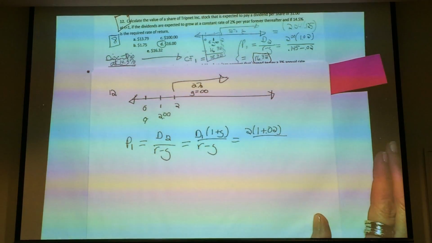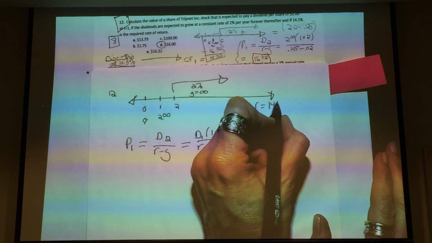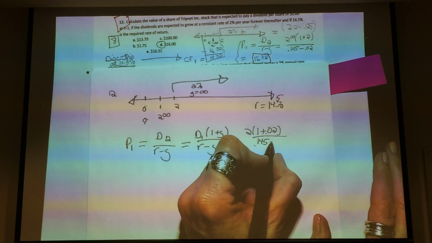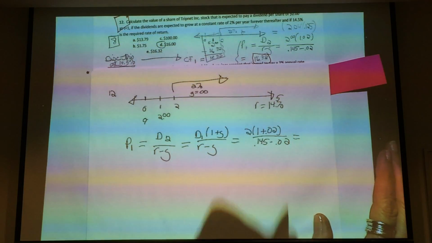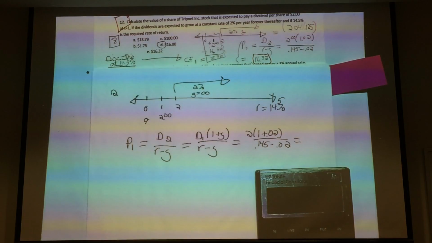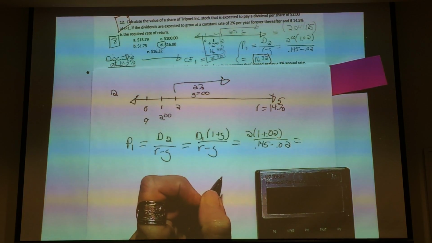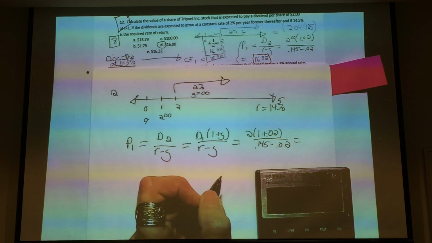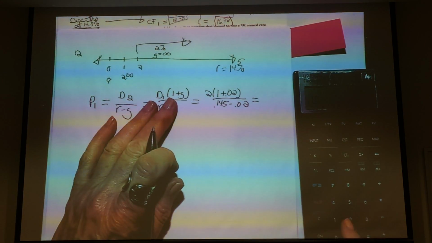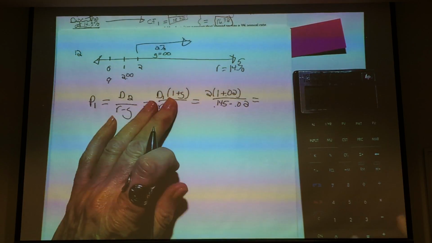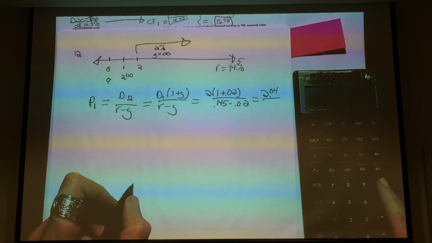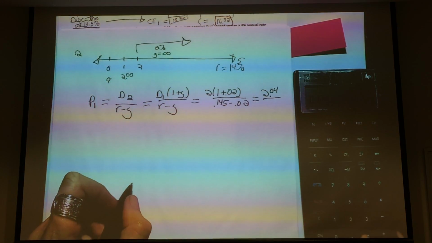And so my required rate of return is 14.5%. So my P1 should be equal to, I believe, 2.04 divided by 0.125.